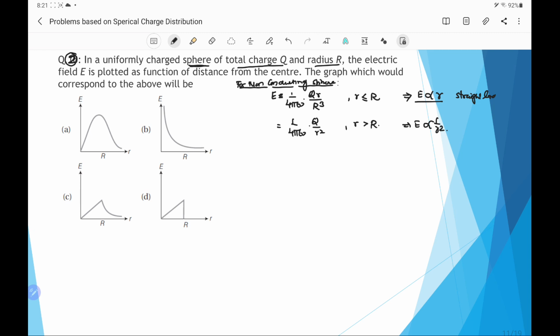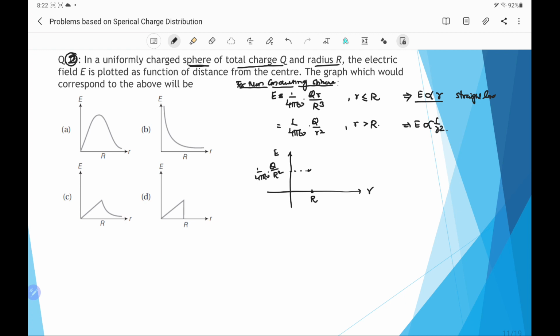Hence, if we draw the graph, this is r on the x-axis, and on the y-axis we take E. A point is taken on the x-axis at the surface of the sphere, which will be at a distance R from the center, and the maximum value is 1 by 4 pi epsilon naught q by R square.